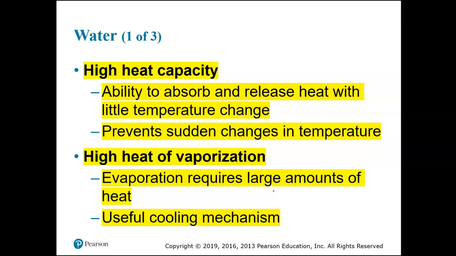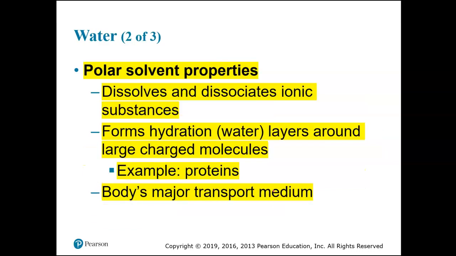That's the high heat capacity of water. Water also has a high heat of vaporization, which is useful for cooling through sweat. Water is polar, so that makes it a good solvent for other polar molecules and ionic compounds. Polar and ionic will dissolve in water easily.